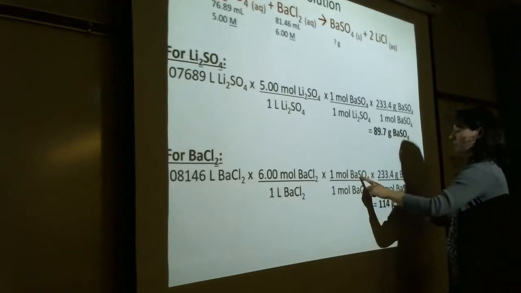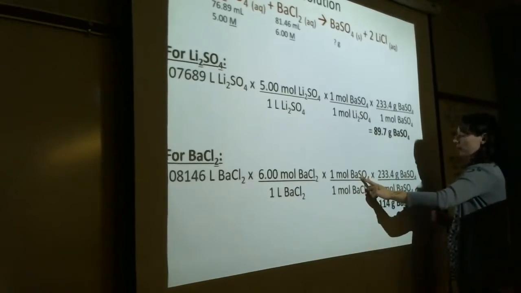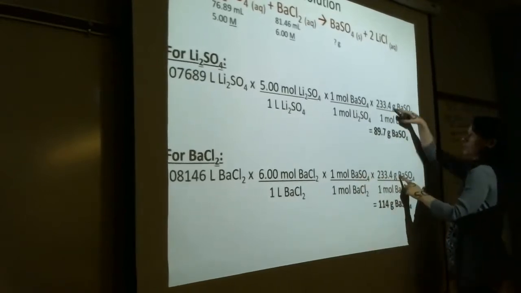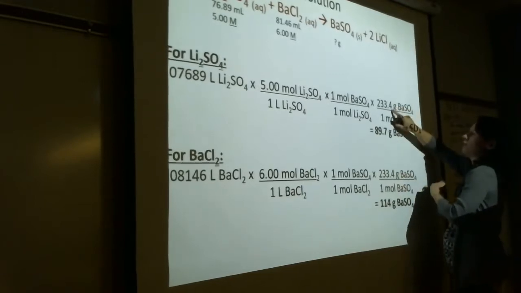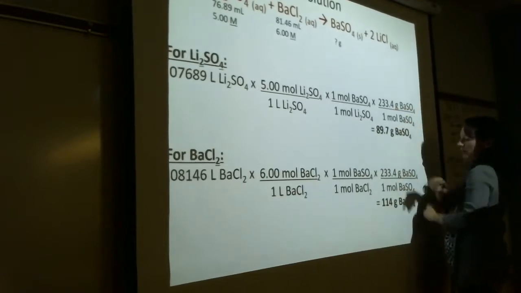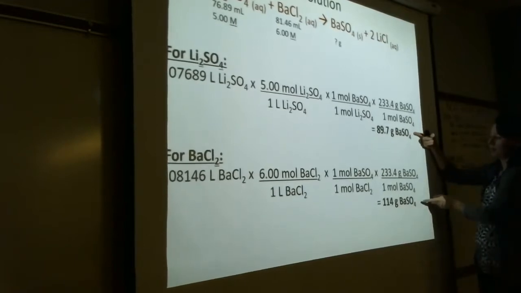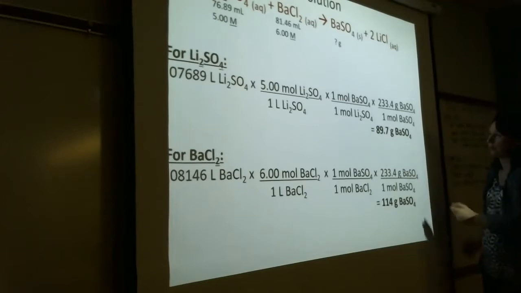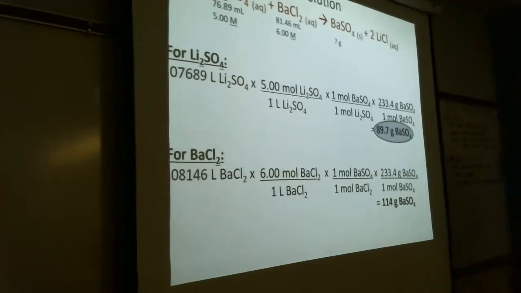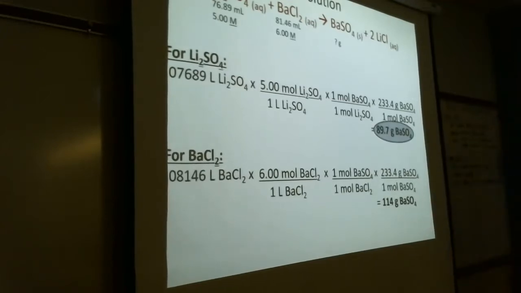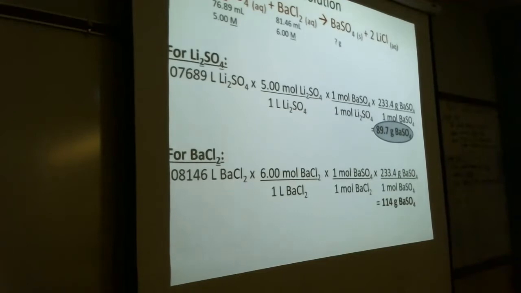Now I'm in moles of barium sulfate, but I want to know grams of barium sulfate, so I multiply by the molar mass, which is the same as it is up here. Right, you want to calculate that molar mass once. 3 significant figures. So now I compare 89.7 versus 114. So 89.7 is my theoretical yield, which means that lithium sulfate was my limiting reagent.